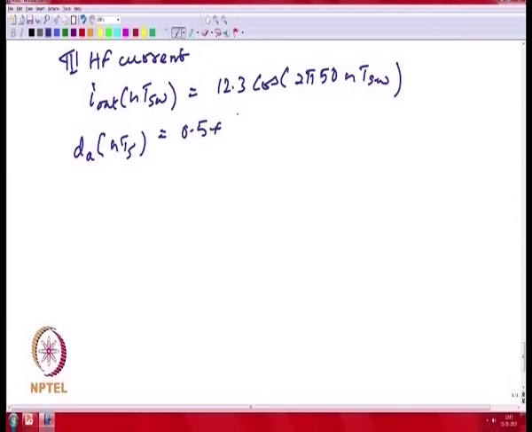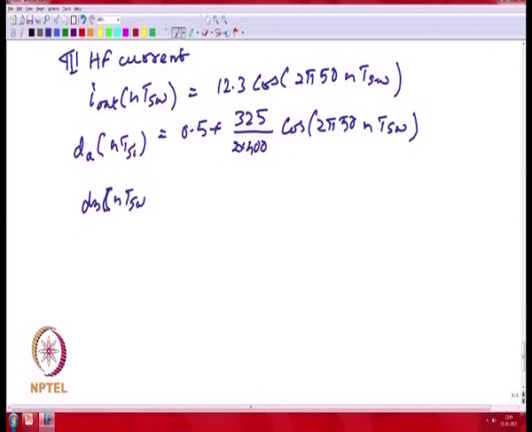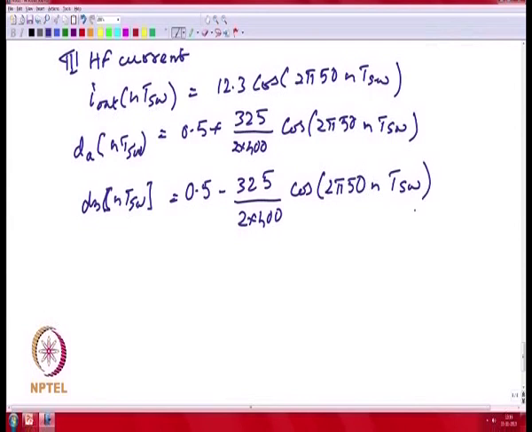So this is 325. So you have your duty cycles and your currents, based on which you could now calculate what is your high frequency current flowing in your DC bus.